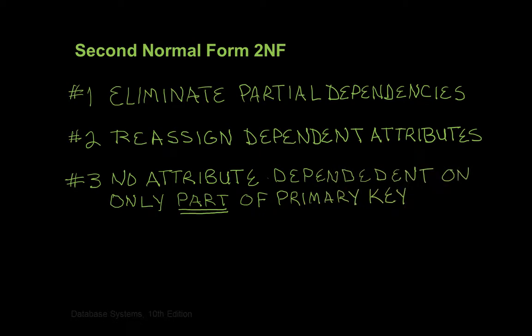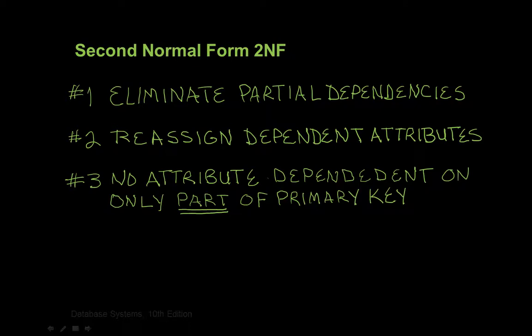And as we accomplish step 2, we're going to make sure that no attribute is dependent on only part of a primary key. So, this part of the normalization process is where we begin to consider our table construction, our primary keys, and the attributes that will be identified by those primary keys.